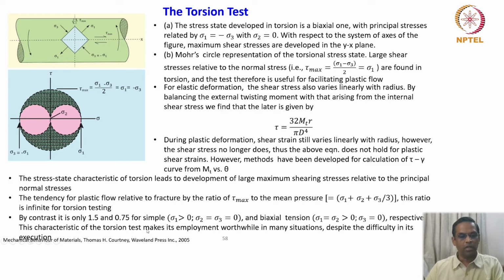This characteristic of a torsion test makes its employment worthwhile in many situations despite the difficulty in its execution. To look at the real characteristic of how the material behaves under large shear deformation, it gives much more useful information.